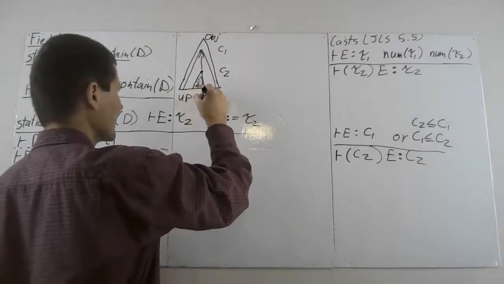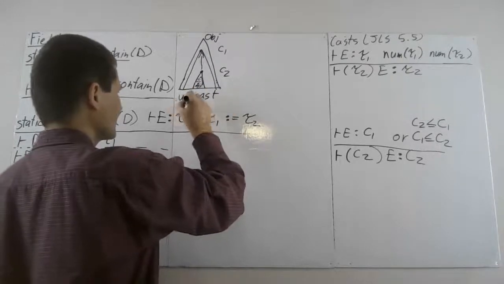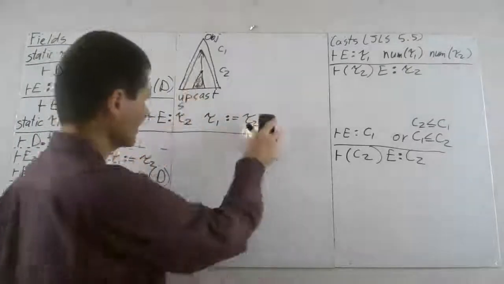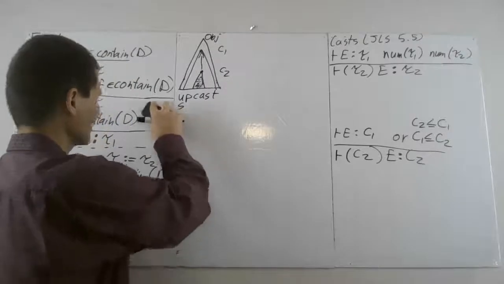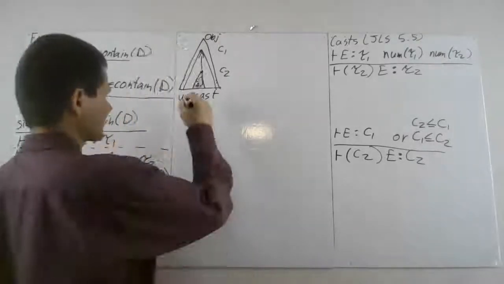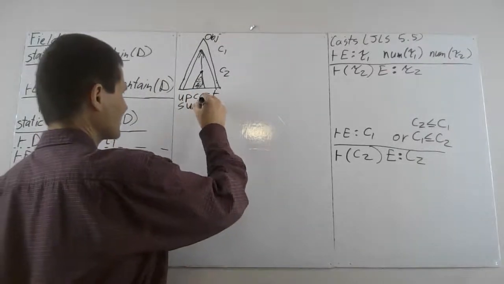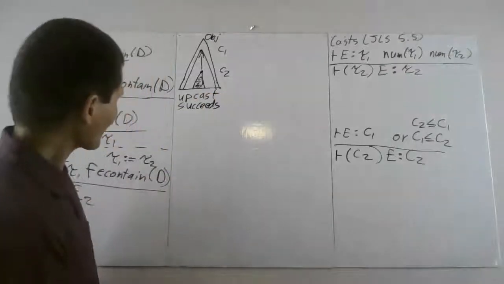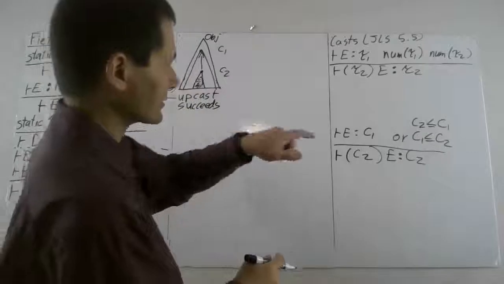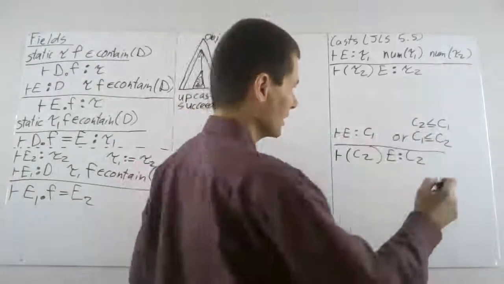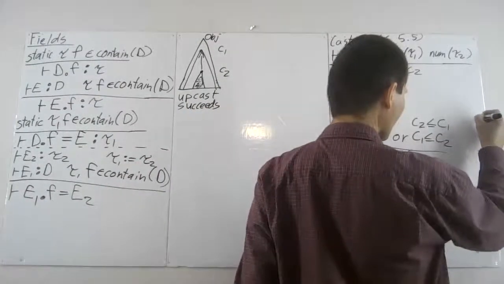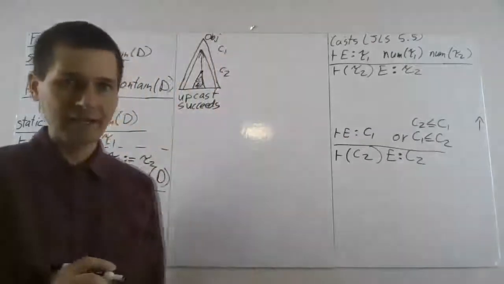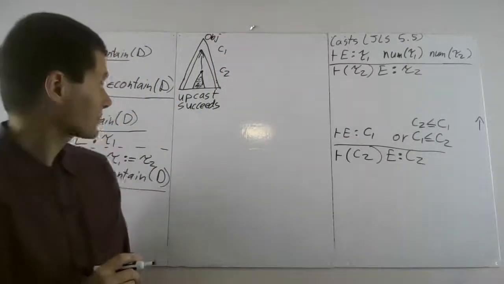An upcast always succeeds, and this happens when C2 is a subtype of C1. I'll draw a little arrow here to indicate the upcast case.